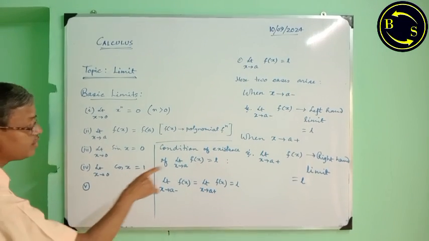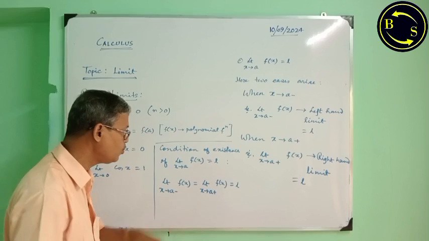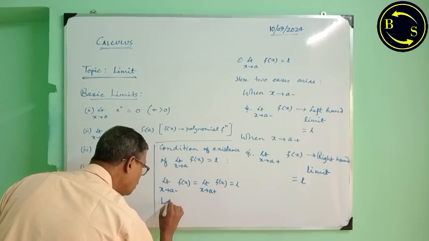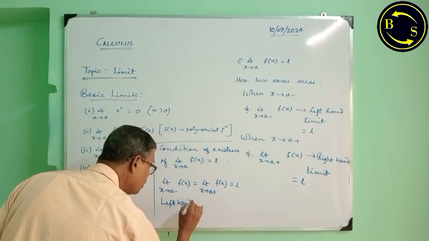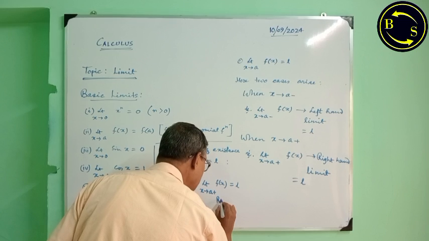The condition of existence of the limiting value limit x tends to a fx equal to L, this is also called left hand limit, this is right hand limit.